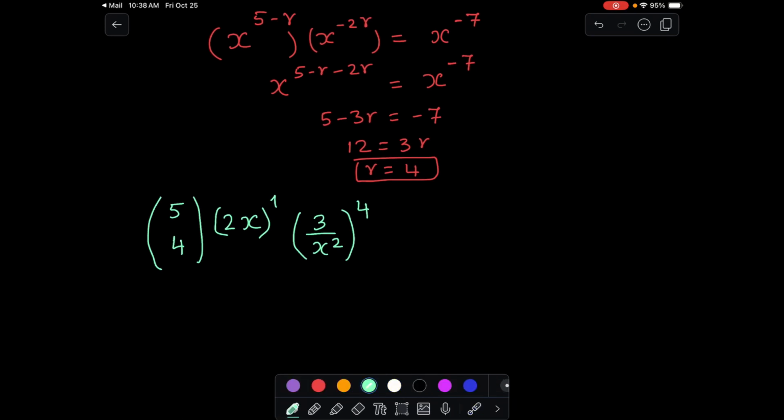So let us calculate the coefficient then. This is going to be 5C4, which is equal to 5, times 2x times 3 to the power of 4, which is 81 x to the 8.